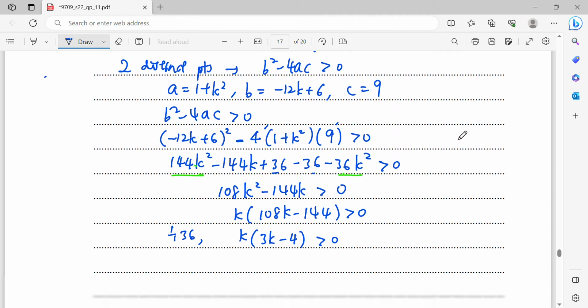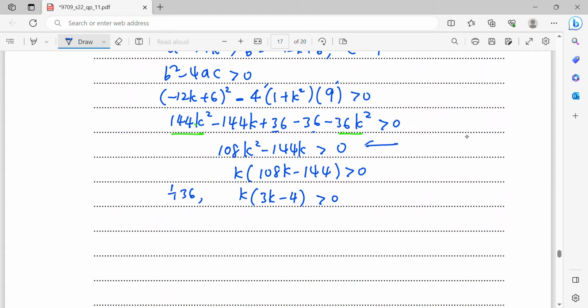Okay, now to solve this, look at the quadratic equation. It was 108k squared minus 144k. So when you look at this quadratic equation, the coefficient for k squared is positive, which means when I sketch a graph for the k axis, it will have a minimum point because it is positive k squared. Alright, so my k values will be 0, because when there is an equal sign, k equals 0.